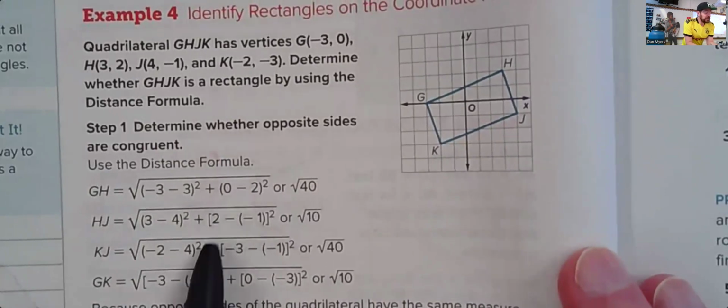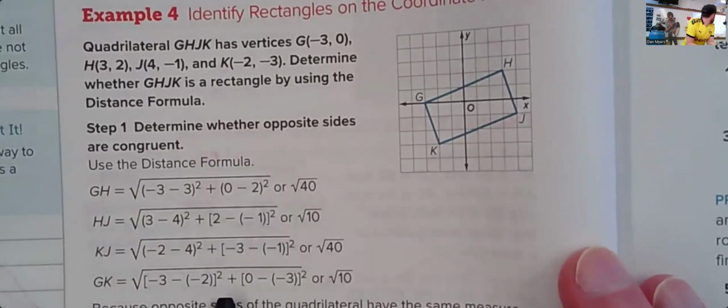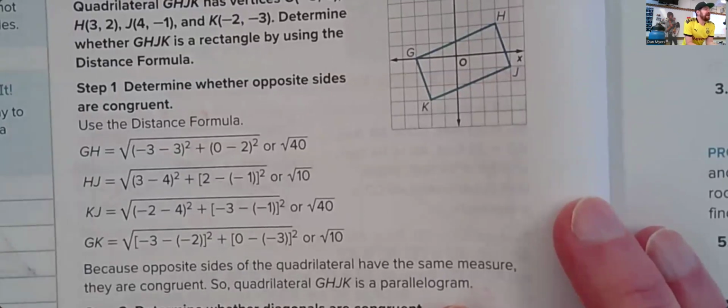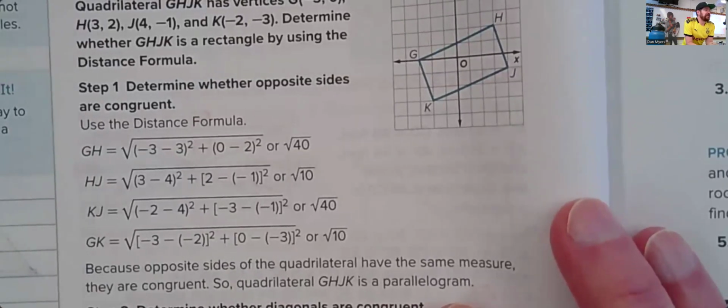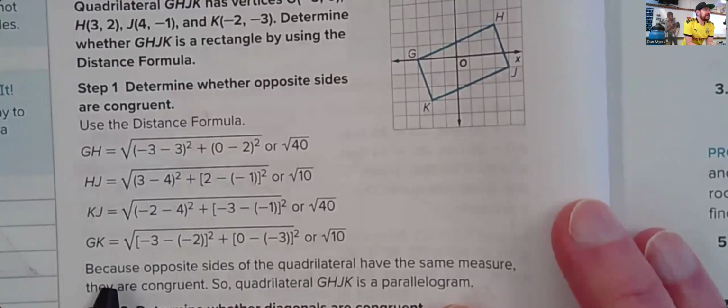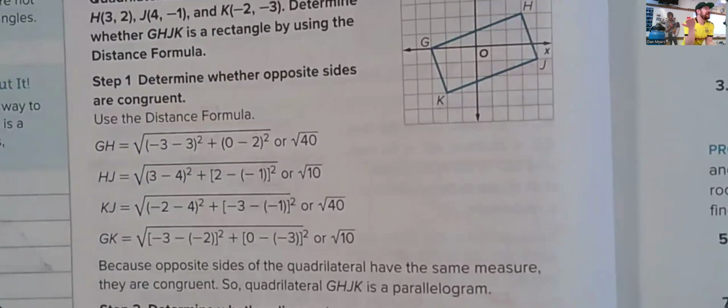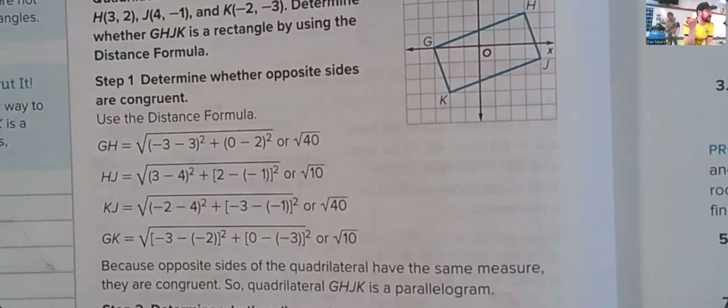Now, this is one way to do it, using the distance formula. The way that I recommended a couple days ago, do you remember when we were dealing with just parallelograms? Remember a few days ago what my recommendation was? The slopes, yeah. Figuring out the slopes is probably the quickest way to do it.